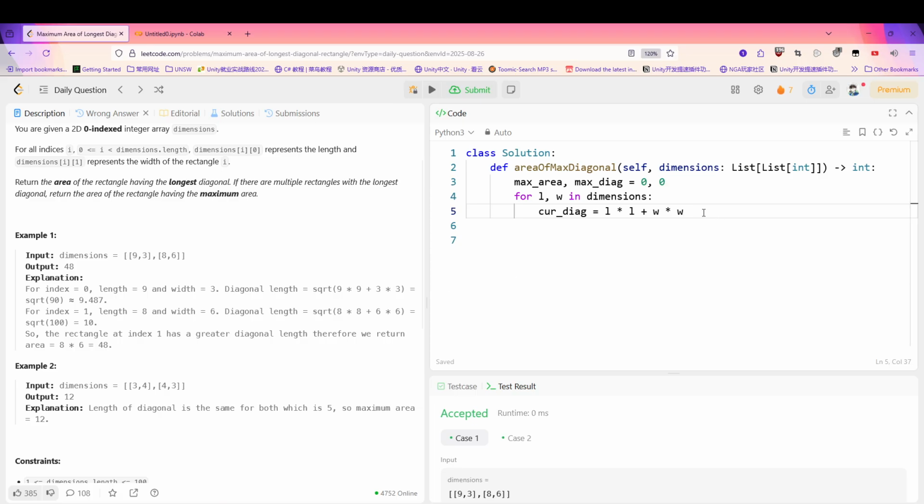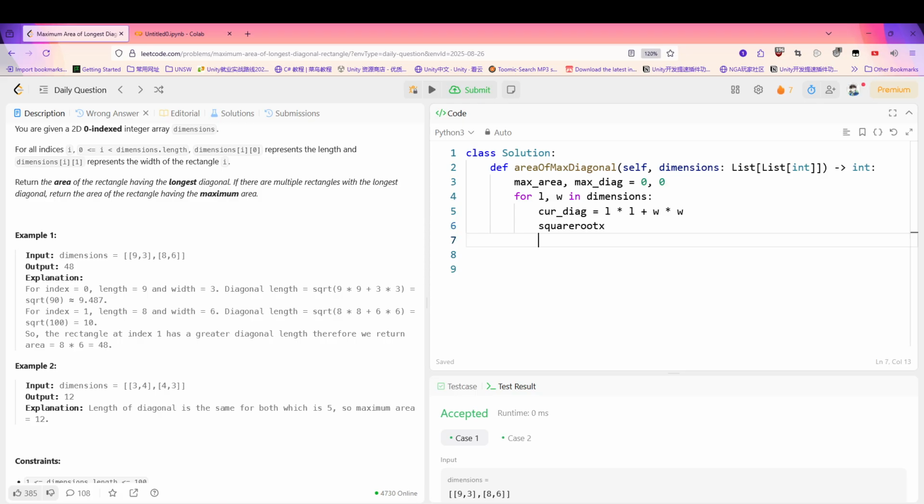So think about this question: why don't we need the square root here? Because the square root function is actually a monotonically increasing function, right?